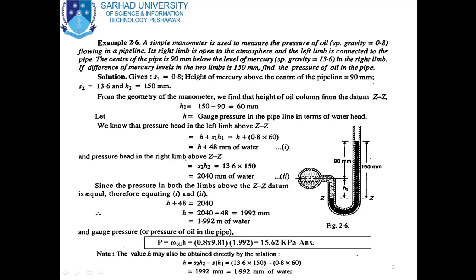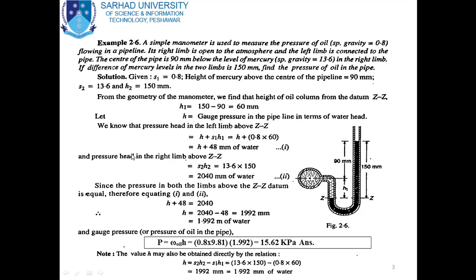The specific gravity of this liquid is S1, so multiplying S1 by H1 gives the pressure in this portion. So the pressure in the left limb above the datum line is equal to H plus S1 H1. S1 is already given, which is 0.8, and H1 is already calculated, which is 60 mm. So in equation 1 we get H plus 48 mm of water.